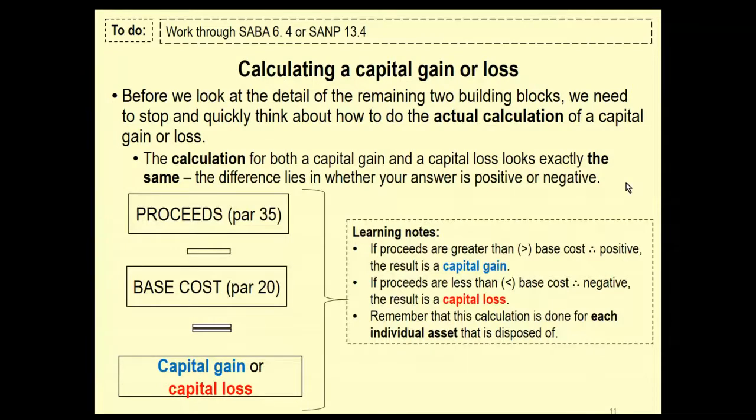Again, I want to emphasize the importance of understanding that proceeds for CGT purposes is calculated using the rules in the 8th Schedule. It's paragraph 35. Base cost is calculated using the rules in the 8th Schedule, which is paragraph 20. If your proceeds are greater than your base cost, you're going to have a capital gain. And if your base cost exceeds your proceeds, you're going to have a capital loss.